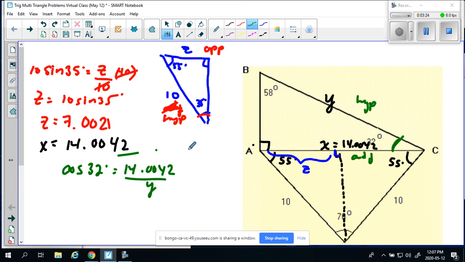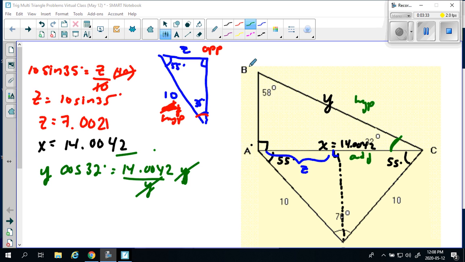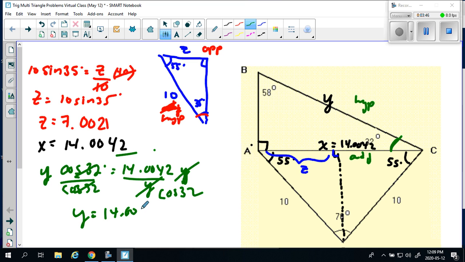So you all groan and you remember you have an extra step to try and get y in the top. That'll allow me to cancel out my y's. And then I'm going to have to divide both sides by cos 32. So y is equal to 14.0042 divided by cos 32.